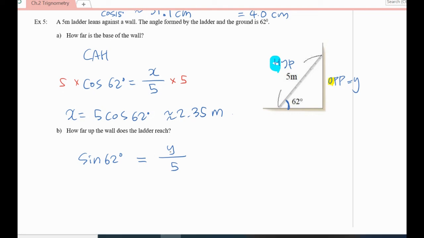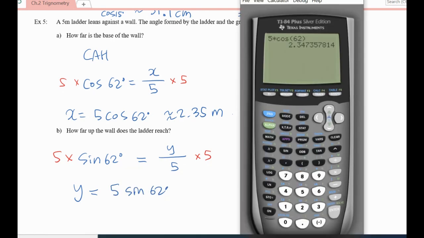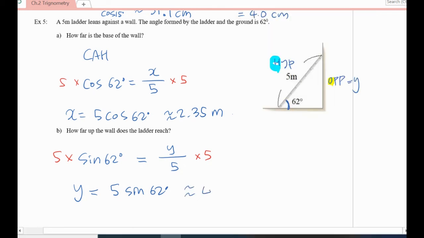Now y is in the top, so we multiply 5 on both sides. Then y equals 5 times sine 62 degrees, and that is 4.41. Therefore, the distance from the wall is 2.35 meters, and y is 4.41 meters.